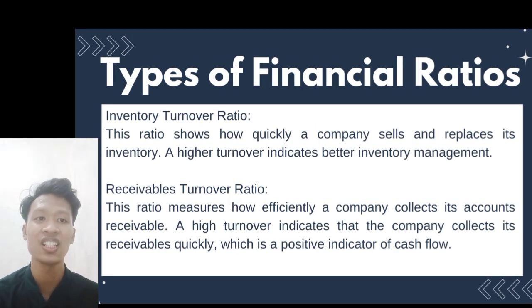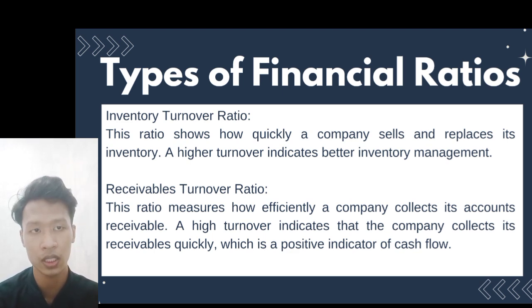This ratio shows how quickly a company sells and replaces its inventory. A higher turnover indicates better inventory management. Receivables turnover ratio measures how efficiently a company collects its accounts receivable. A higher turnover indicates that the company collects its receivables quickly, which is a positive indicator of cash flow.